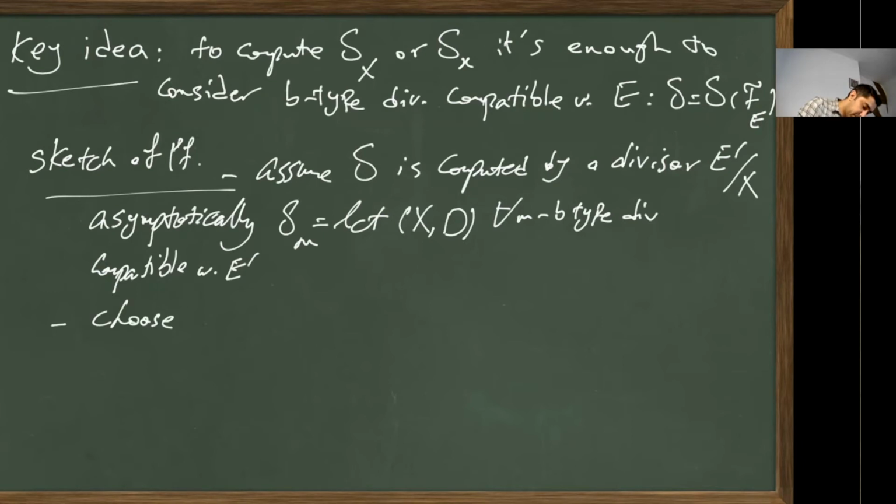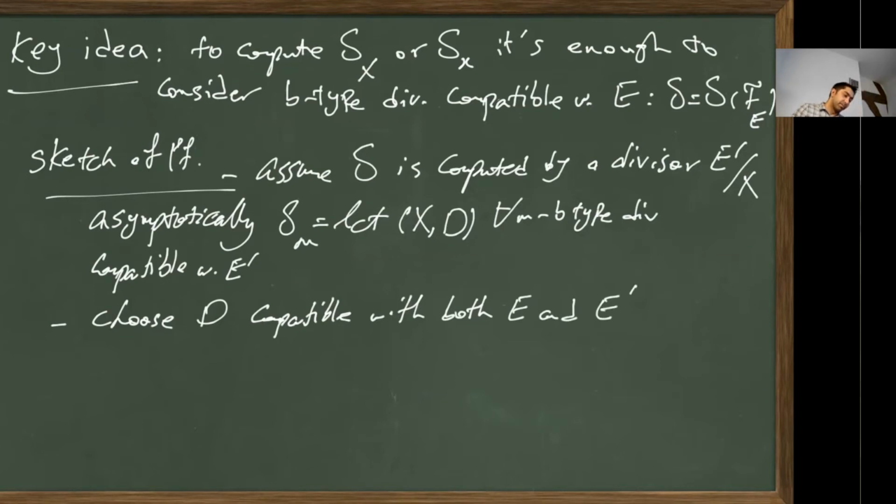Now choose D compatible with both E and E prime. Right. So the idea is that you have two filtrations, if you like, FE and FE prime.